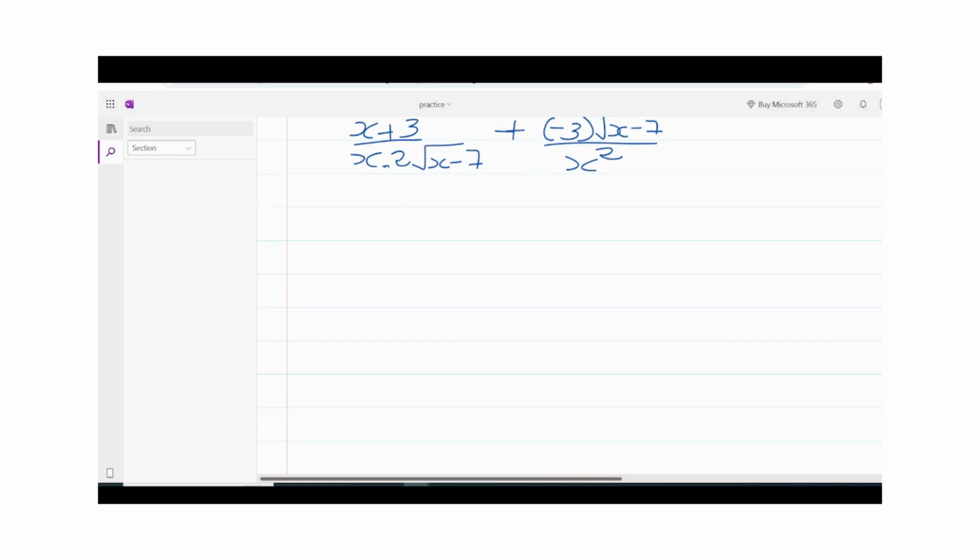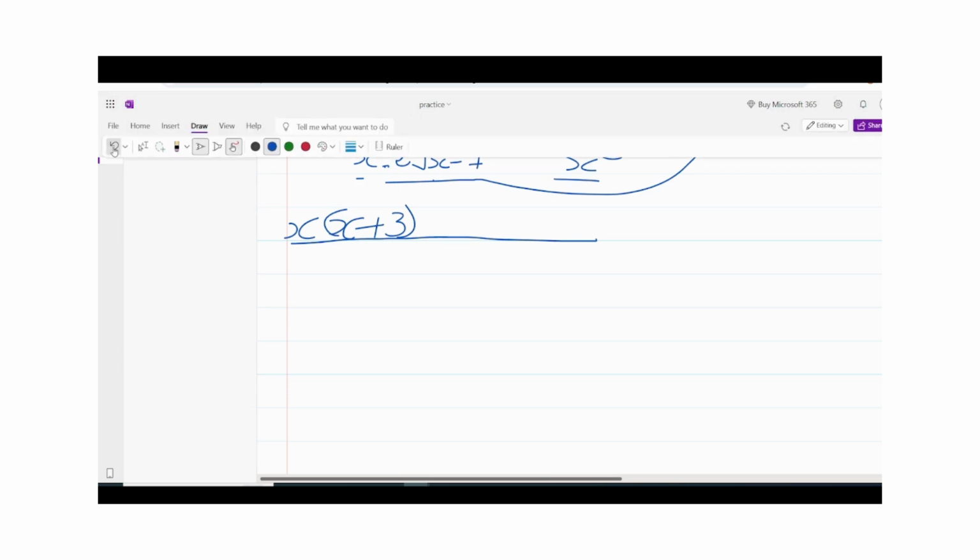Okay, so from here I can see x plus 3. Here we have x square and here we have x. So we will multiply this term by x. And from here I can see that here we have x square, but we do not have 2 root x minus 7. So this will go here, I will multiply this term with this.